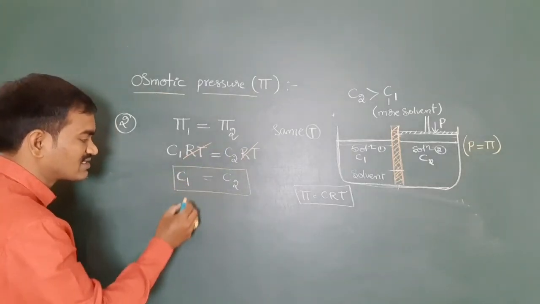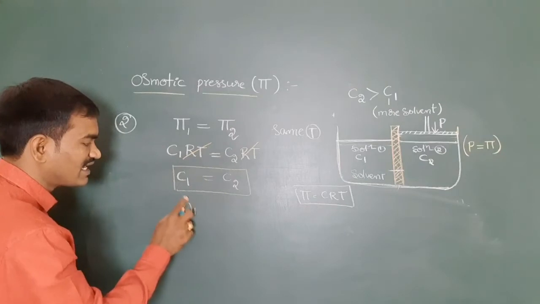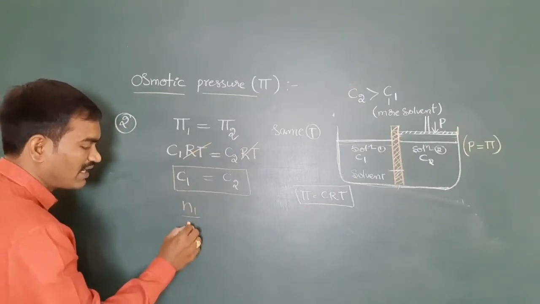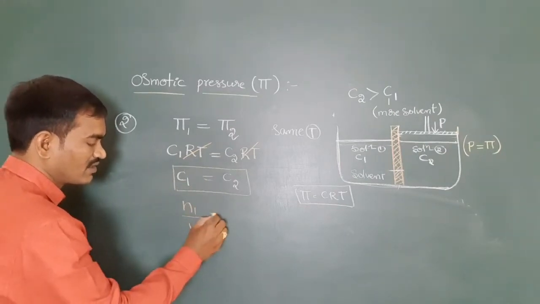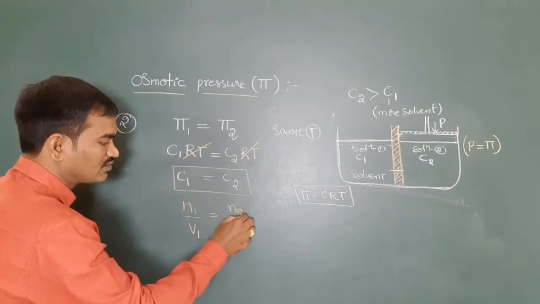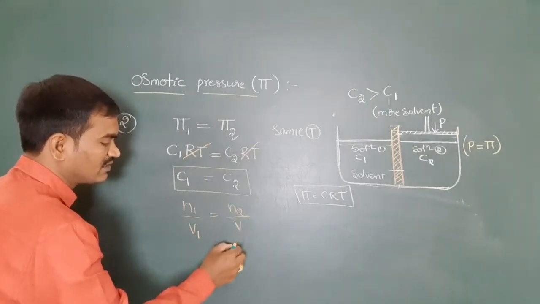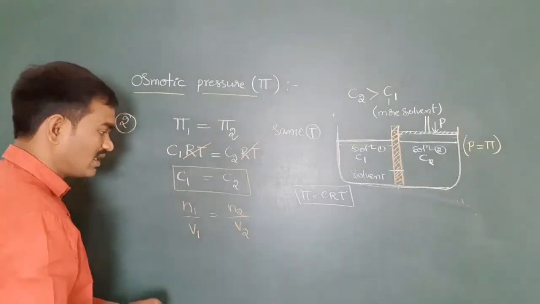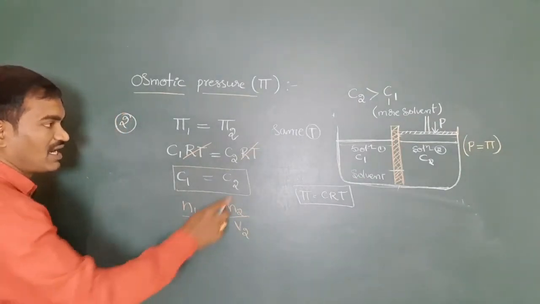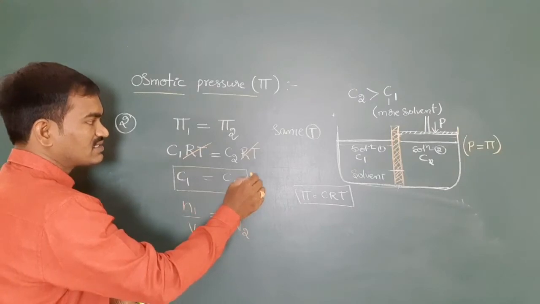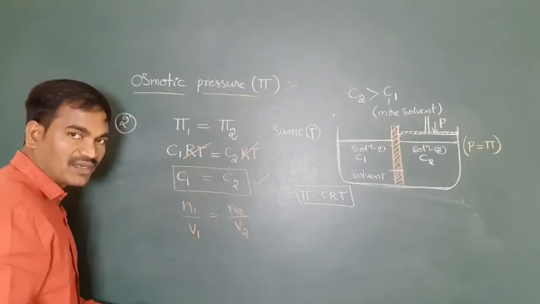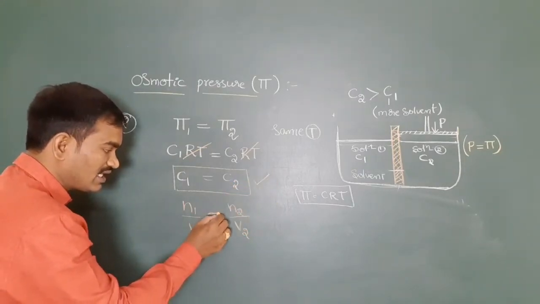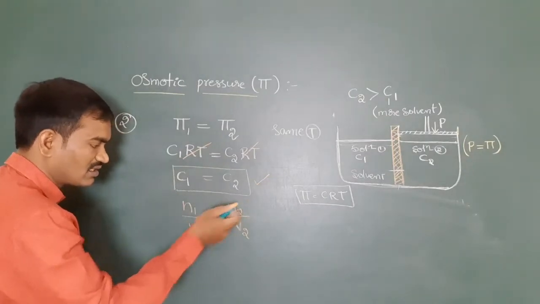Here you see this concentration. Concentration means N1 by V1 is equal to N2 by V2, number of moles of solute by volume of the solution. Up to here clear? Any doubt? So this expression you have to remember, and understand that concept.